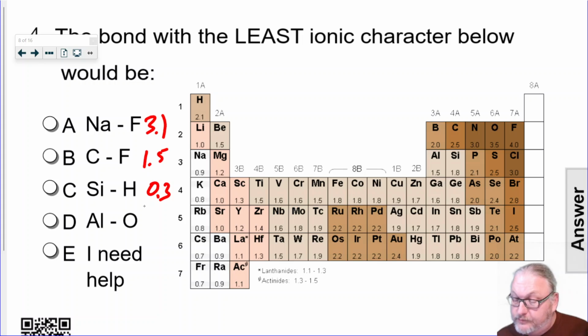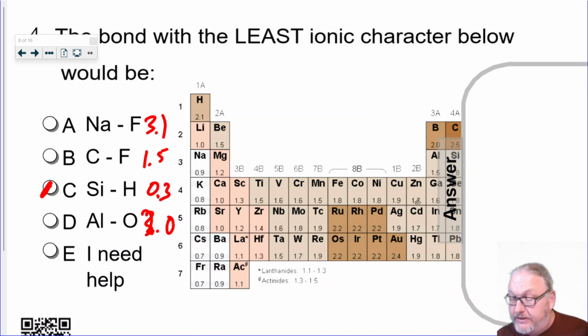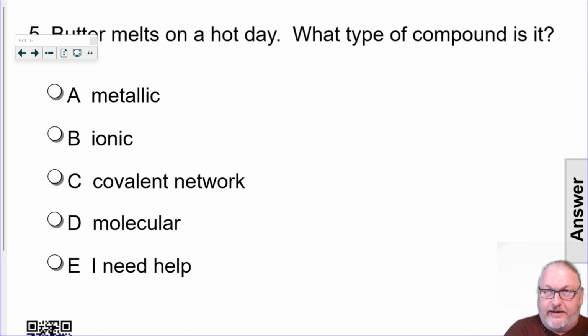Well, that's a very small number, so that's pretty not ionic. Aluminum and oxygen, aluminum is 1.5, oxygen 3.5, that is a 2.0 difference. That would have to be C. Let's check. And there we go. And again, it is C, a 0.3 electronegativity difference, very least ionic.